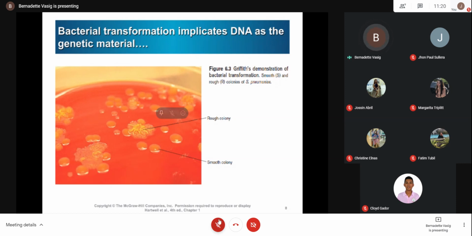What happens during transformation? What happens during transformation? Bacterial transformation, not data transformation. Bacterial transformation. What is bacterial transformation?